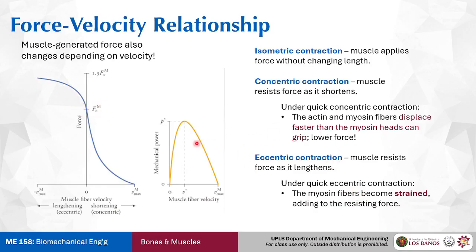So when your muscle is forced to stretch, even though it's pulling, it's actually transmitting a lot more force than it would have. So yeah, eccentric contraction allows for more force than if your muscle was pulling while it's not moving. It's kind of weird, but that's what we have.